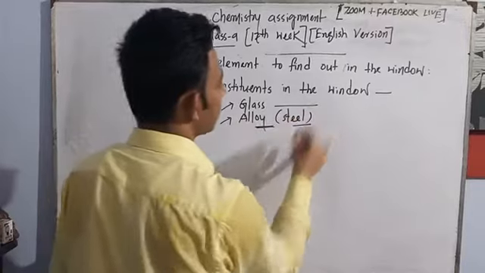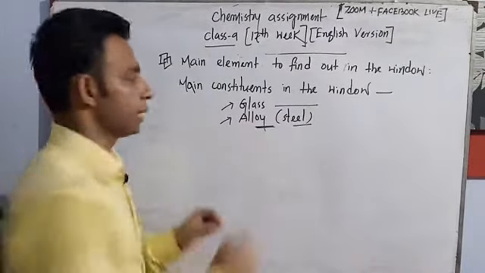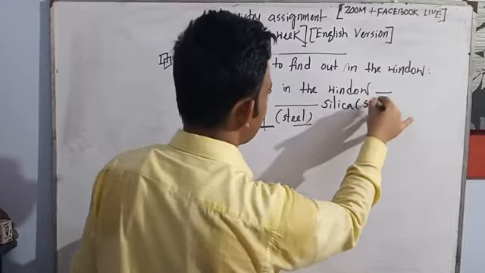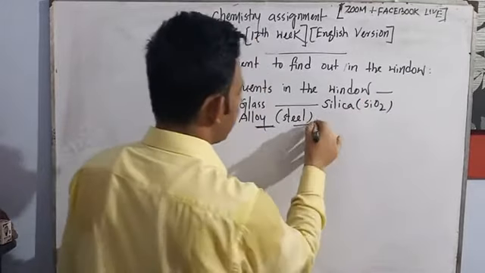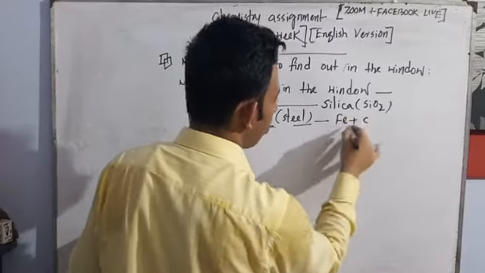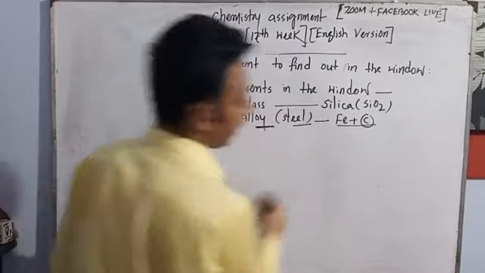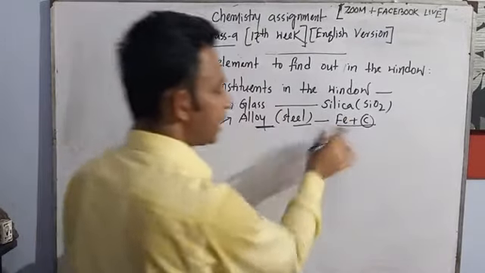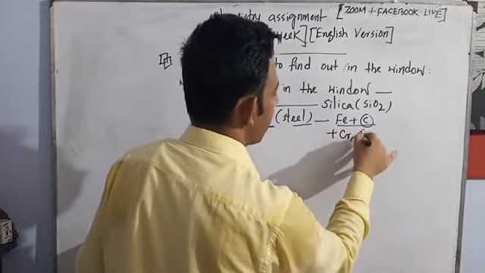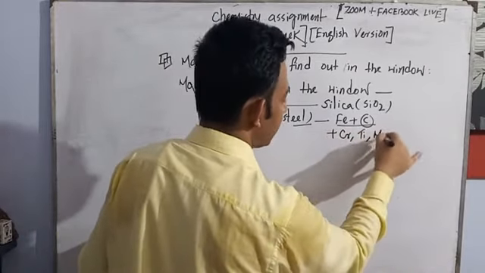And glass, the main constituent of glass is silica, that means silicon dioxide. In case of steel, there are iron and carbon, though carbon is a non-metal, and inside the steel, with them, chromium, titanium, manganese, nickel.